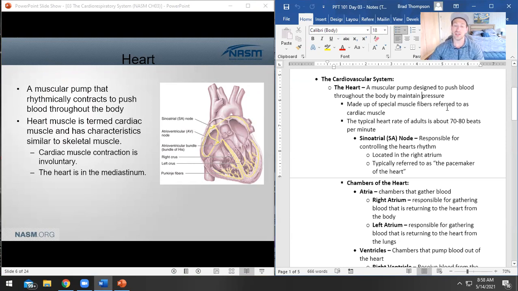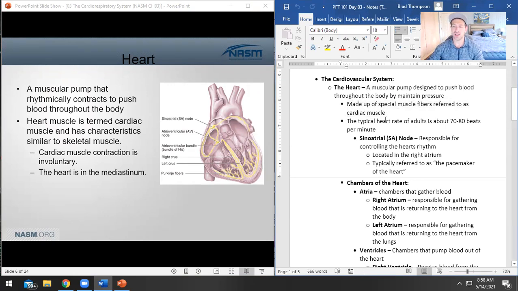When you look at these four distinct chambers that we have here, those chambers need to have valves that are very good at closing down in order to generate areas of high pressure and areas of low pressure. And your heart is going to be made up of specialized cells that we are going to call cardiac muscle or cardiac muscle fibers.